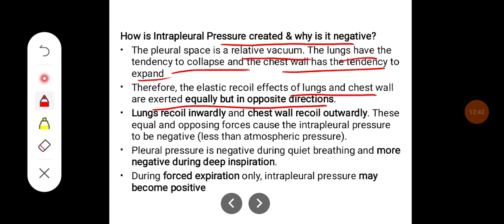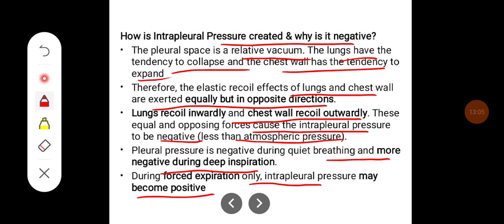The lung recoils inwardly and the chest wall recoils outwardly. These equal and opposing forces cause intrapleural pressure to be negative, that is, less than atmospheric pressure. Pleural pressure is negative during quiet breathing and more negative during deep inspiration. During forced expiration, intrapleural pressure may become positive.